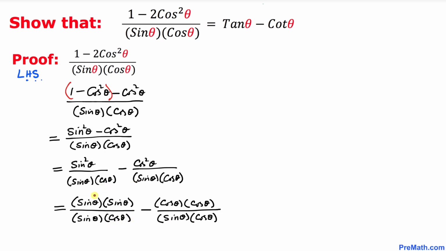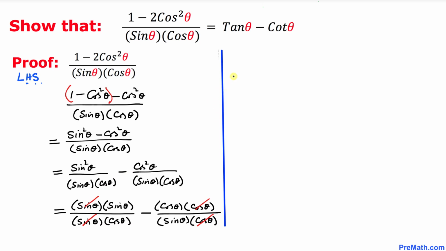Now we can see that this sine theta and this sine theta cross each other out, and likewise this cosine theta and this cosine theta are gone. So these fractions can be simplified to sine theta divided by cosine theta, minus cosine theta divided by sine theta.